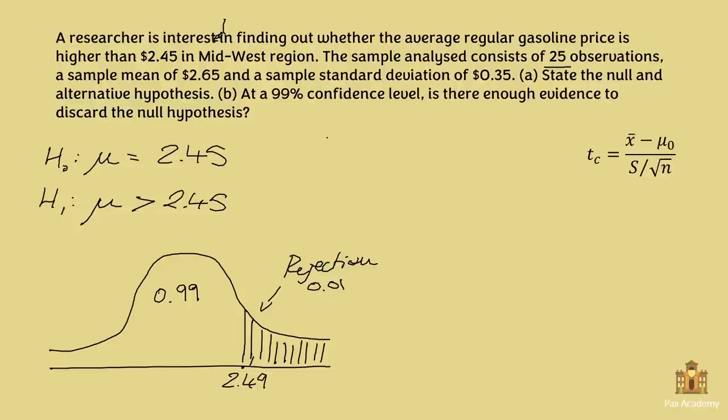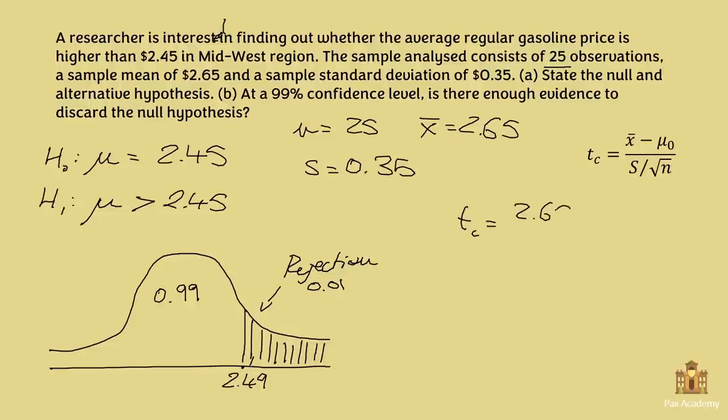But before that, let's write down what we know. So the sample size we said is 25. The sample mean is 2.65. And the sample standard deviation is 0.35. So then we plug all these numbers into the formula. So 2.65 minus 2.45, the hypothesized mean, remember, over the sample standard deviation, 0.35, over the square root of n, which is 25.